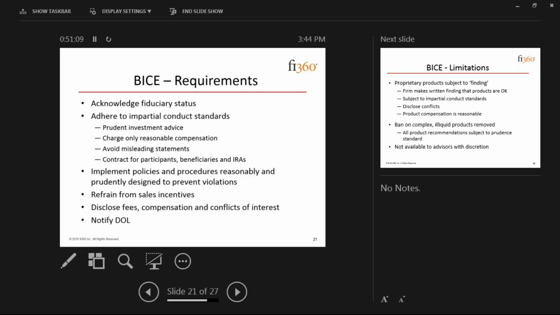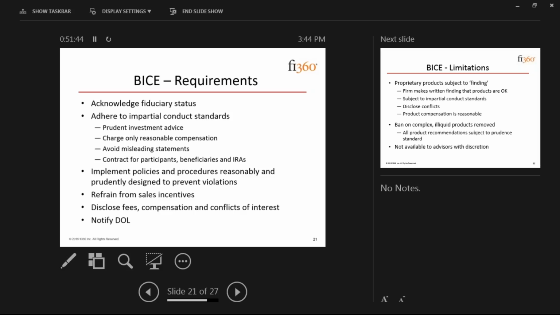So if you're providing sales incentives to sell proprietary products from the firm that could impact an advisor's or a rep's judgment from the standpoint of providing impartial advice that's in the client's best interest, because they're trying to meet the sales goals based on the incentives, that's going to be problematic. And so there will probably be, in general, movement away from sales incentives that will do something like that.